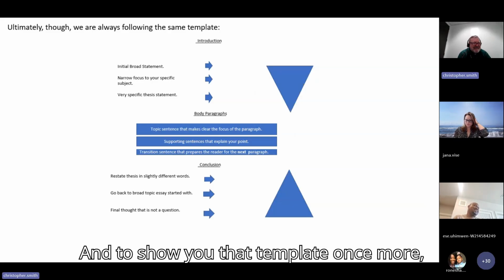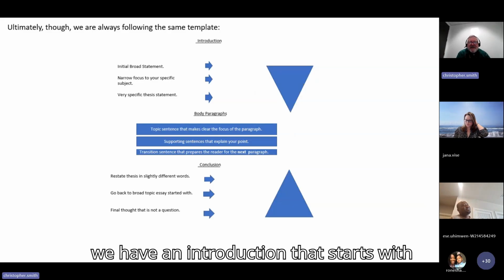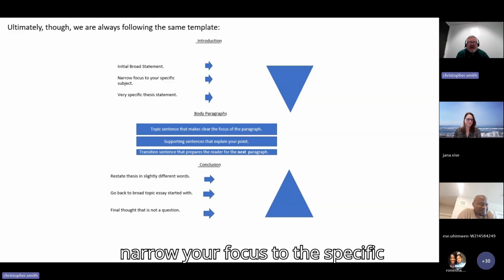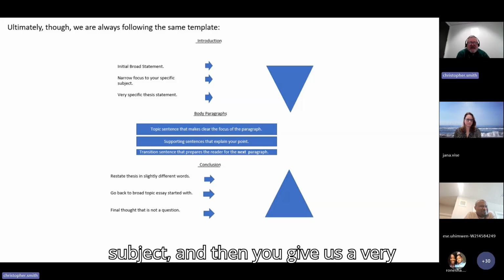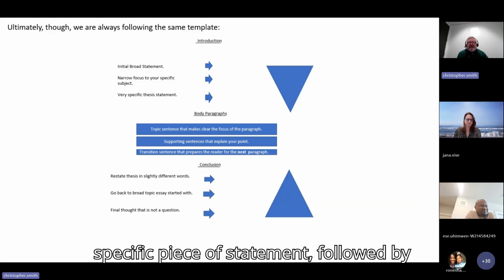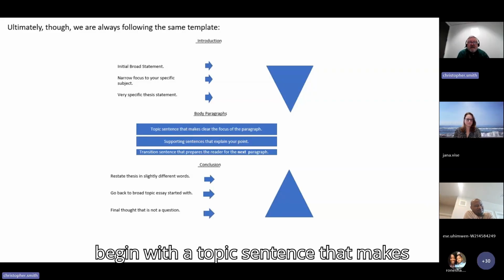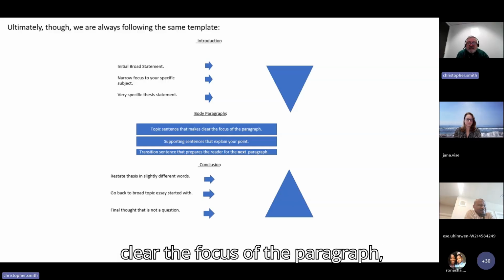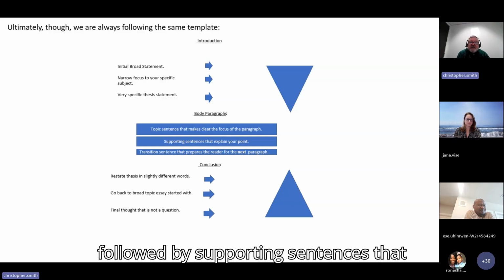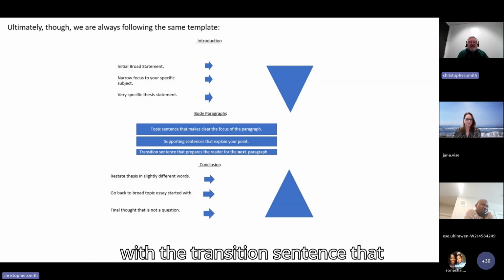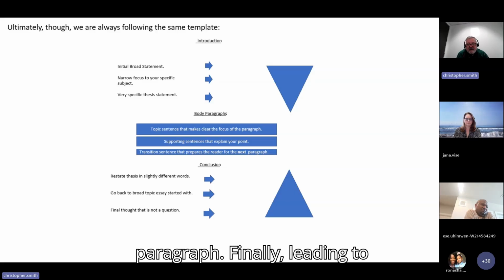And to show you that template once more, we have an introduction that starts with an initial broad statement. Then you narrow your focus to the specific subject, and then you give us a very specific thesis statement, followed by body paragraphs that begin with a topic sentence that makes clear the focus of the paragraph, followed by supporting sentences that explain your point of view, and then ends with a transition sentence that prepares the reader for the next paragraph.